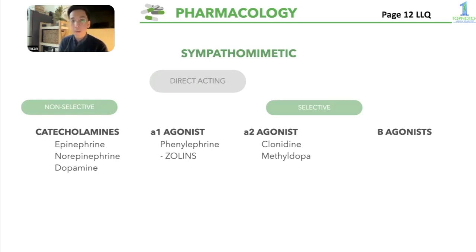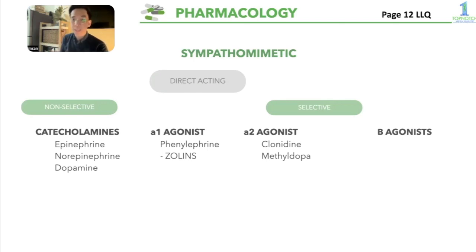Pag na-take mo yung clonidine, for example, ma-absorb yan dahan-dahan to the bloodstream. First, it will meet yung mga alpha-2 receptors na nandun sa blood vessels, and it will vasoconstrict them. Alam natin si alpha-1, it can cause vasoconstriction. Alpha-2 will also have peripheral vasoconstriction pagka yung peripheral alpha-2 receptors yung na-stimulate natin.